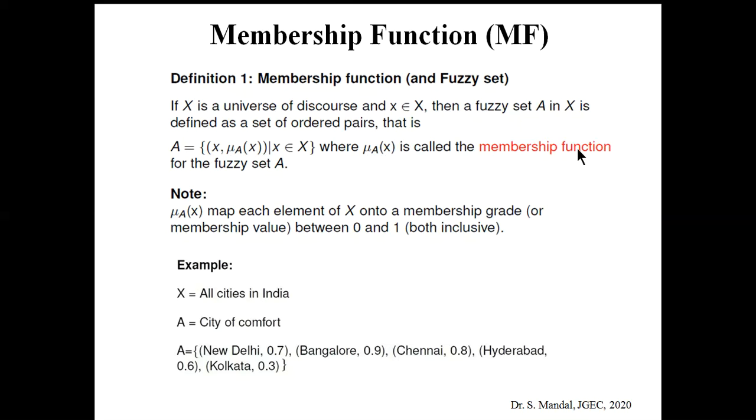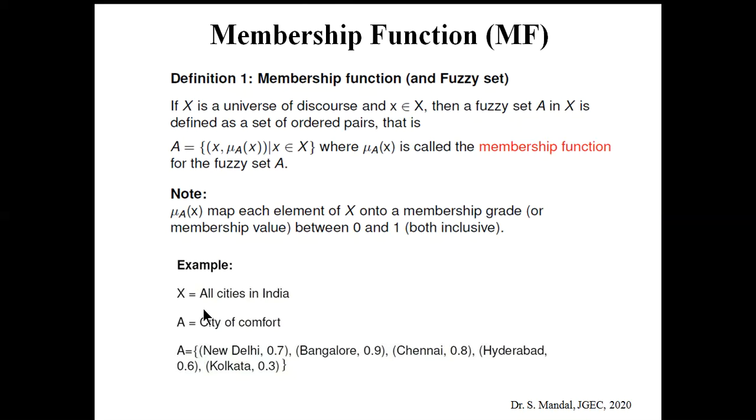So mu_A(x) is called the membership function for the fuzzy set A. What does mu_A(x) mean? The membership function of the element x for the set A. It maps each element of X into a membership grade or membership value between 0 and 1, both inclusive. That means it can take 0 and 1 also.